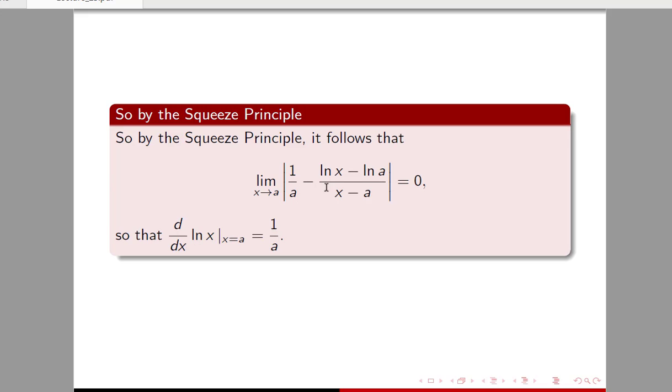By the squeeze principle, this limit is equal to 0, and therefore the derivative of the natural log of x at x equal a is equal to 1 over a.